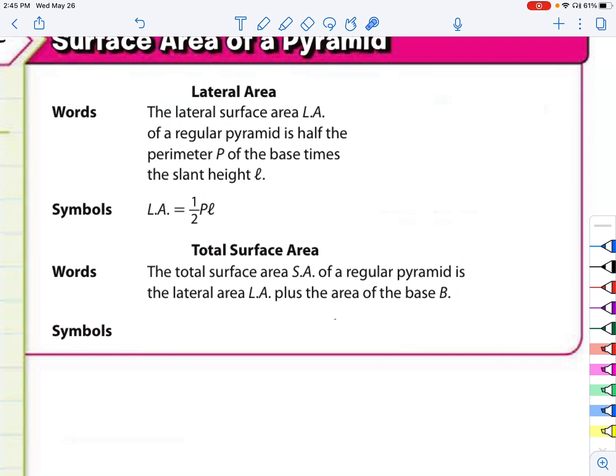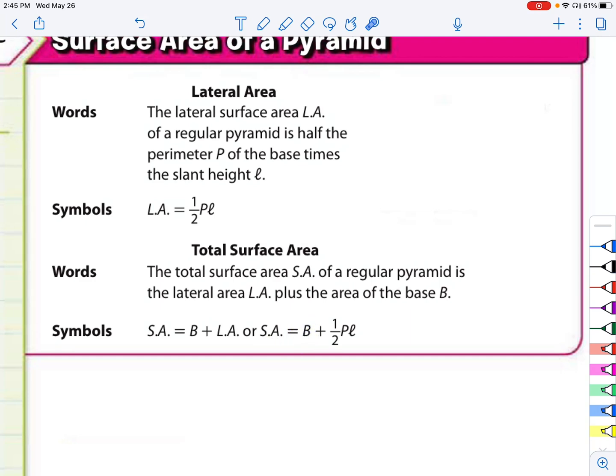So when you talk about that in symbols now, the total surface area of a pyramid will comprise of the area of the base plus the lateral surface area of the pyramid. So surface area is equal to big B, which is the area of the base.